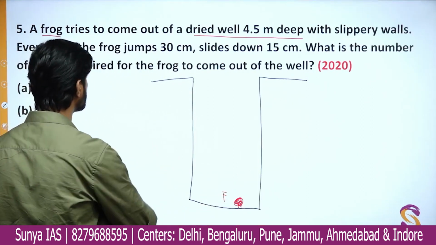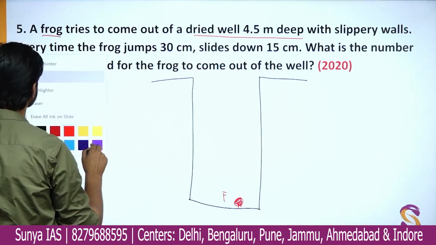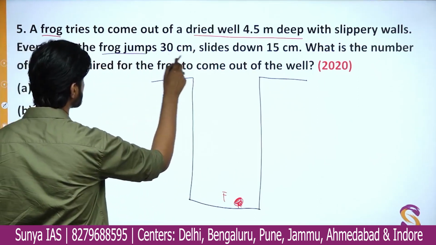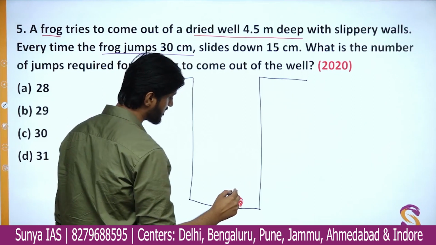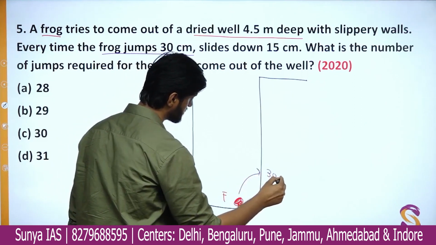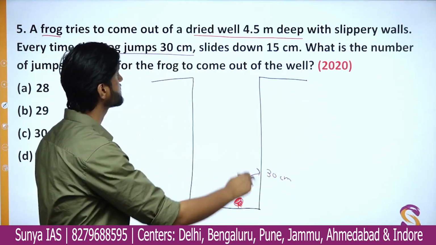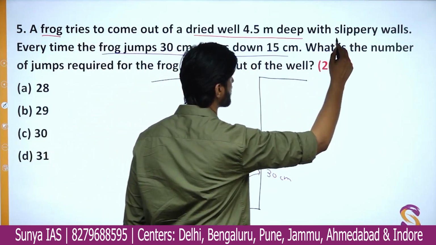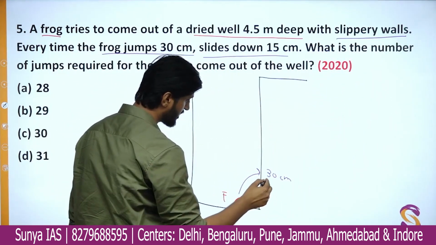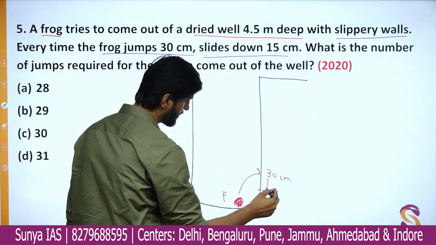So what does the frog do? Every time the frog jumps 30 centimeters, so this frog is jumping to the height of 30 centimeters, but then it slides down 15 centimeters because the walls are slippery.